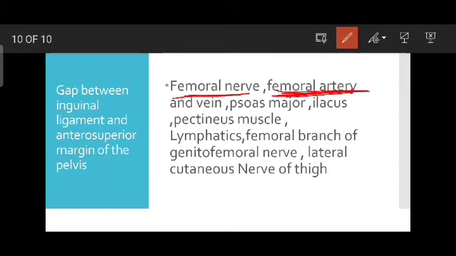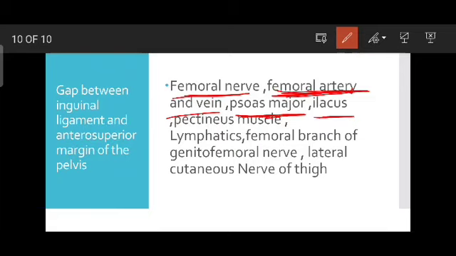Femoral artery supplies most of the lower limb, and the femoral vein also like that. Psoas major originates from the posterior abdominal wall and is inserted in the lesser trochanter.